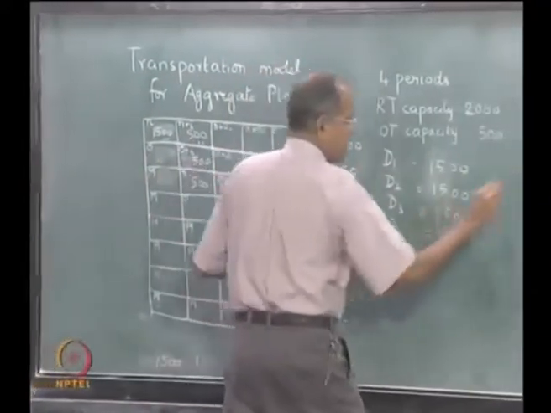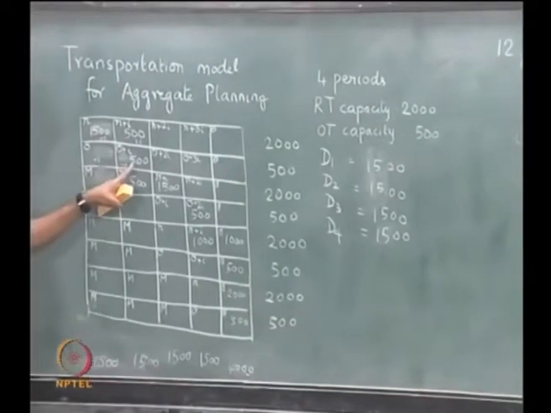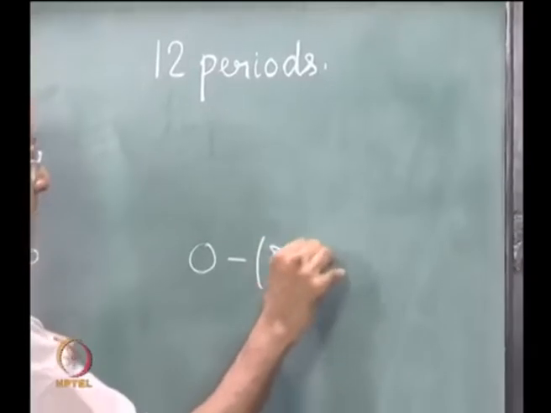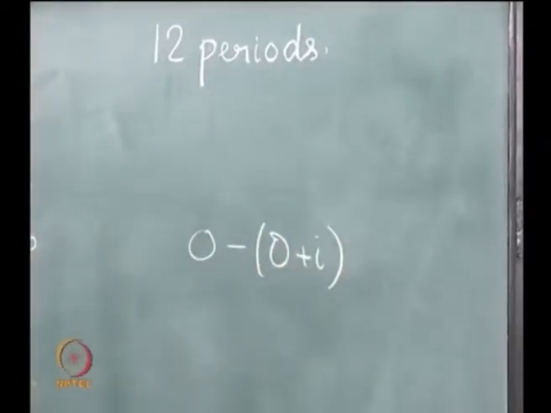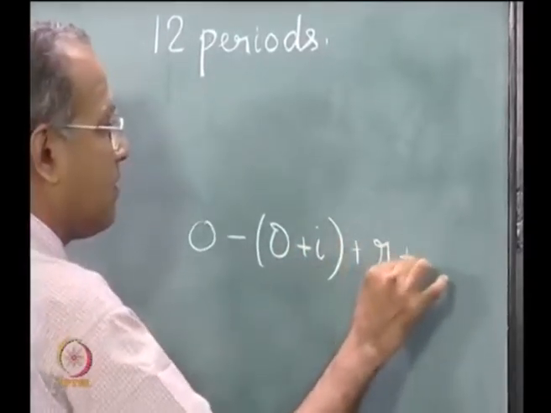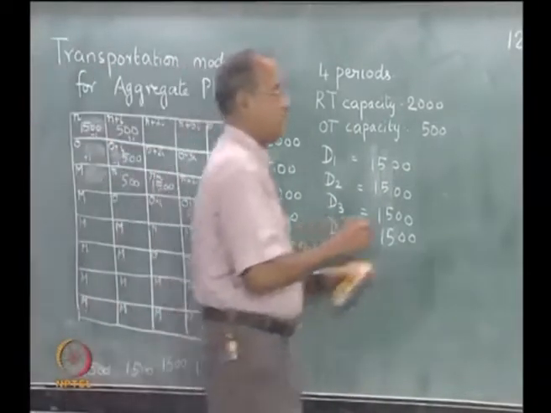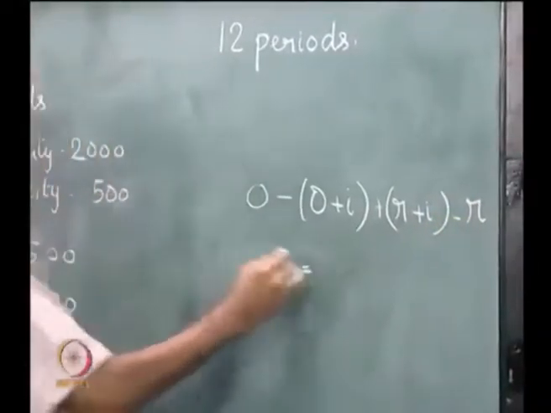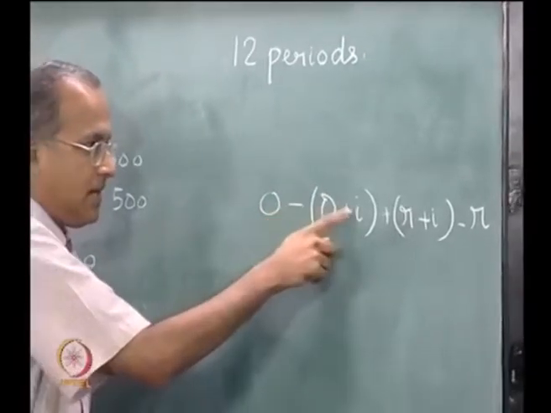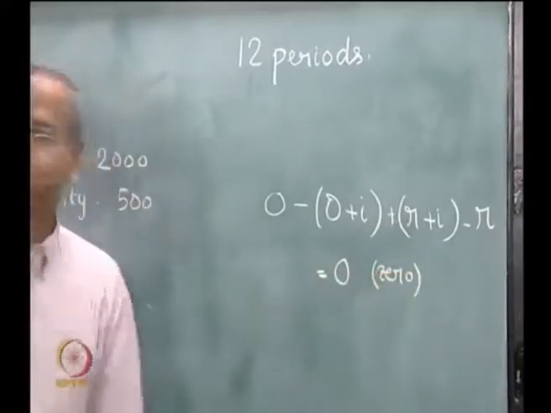So, plus O that comes out of this, by putting a +1 I am incurring a cost of O, by taking away 1 I gain a O plus I. So, minus O plus I. By adding a 1 here I am adding an R plus I. And then by taking away 1 I am taking away an R. So, minus R. So, the net cost is O minus O minus I plus R plus I minus R, which is 0.